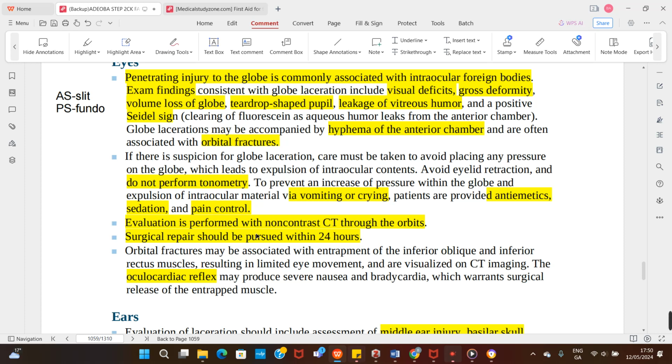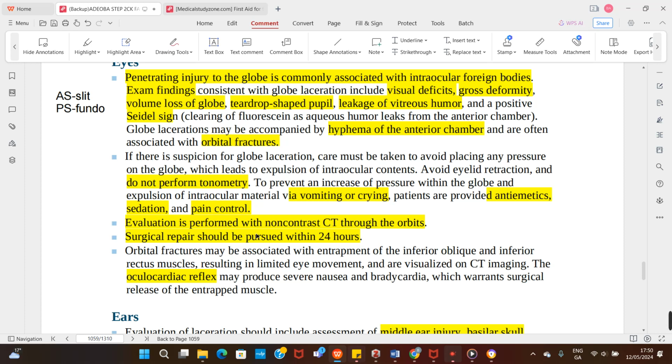They share a connection at the ciliary ganglion. When there is pressure on the globe, the afferent side of this reflex, the ophthalmic branch of the trigeminal nerve, is activated. It sends a signal to the ganglion to activate the efferent side, which is the vagus nerve, and that sends parasympathetic stimulation to the heart, which brings about slowing of the heart.